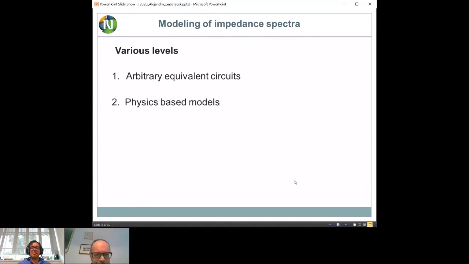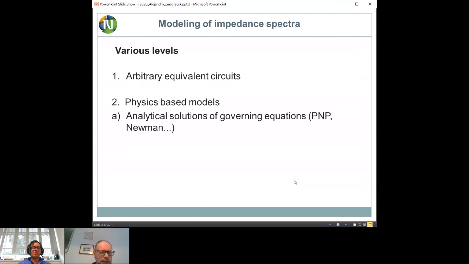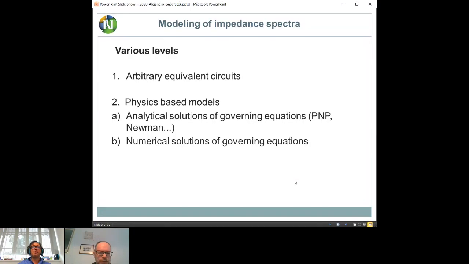And then we have physics-based models, where of course we can make analytical solutions, where possible, of governing equations like Poisson-Nernst-Planck, as mentioned before, or Newman, as also mentioned before. Then you have numerical solutions, which was already shown before.